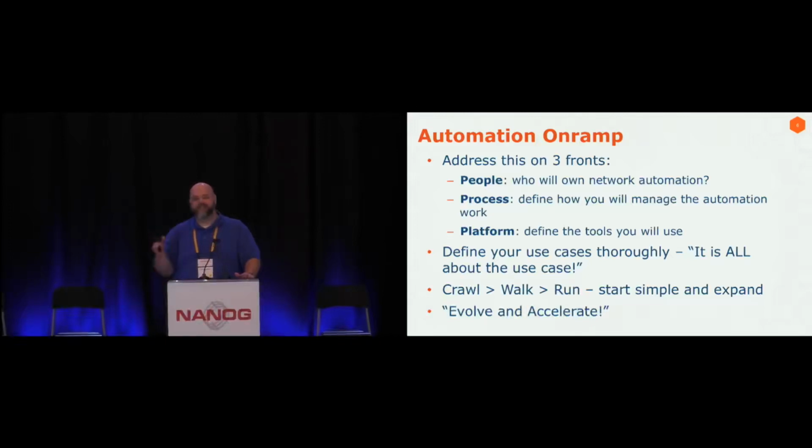Once you do that evolution into a more advanced set of tools, that may be Ansible, it may be Tower or AWX on top of Ansible, it may be a system like Cisco's Network Services Orchestrator, various tools that are out there. You have to evolve into those tools first, and then you can accelerate the automation. Don't try to jump too far ahead, and I've repeated that a bunch of times, but I cannot stress enough how important that is.